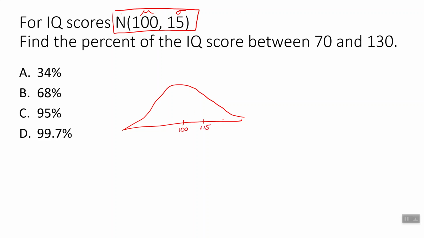If we go up 2 standard deviations, that's 130. If we go down 1 standard deviation, that is 85. If we go down 2 standard deviations, that's 70. So we've gone from the mean minus 2 standard deviations to the mean plus 2 standard deviations. So down 2 and up 2 from the mean gives us 95%. So there it is, 95.